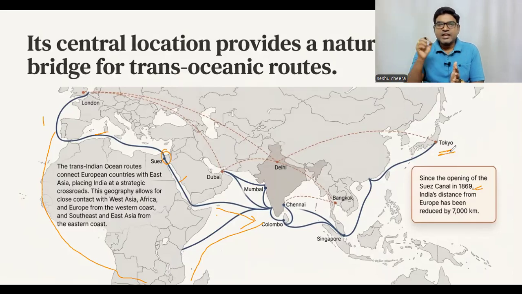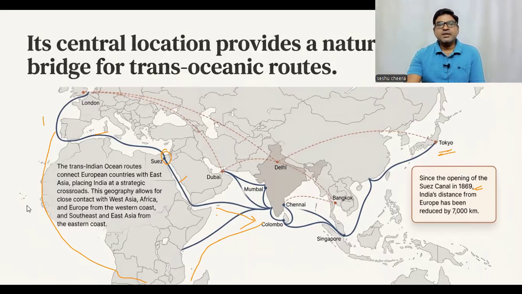So the geography allows for close contact with Asia, Africa, and Europe, from the western coast to the eastern coast, where all the ships and all the travel can have a halt in that middle place, where we are at the crossroads from Africa, from Western Europe, and towards the East Asian region.